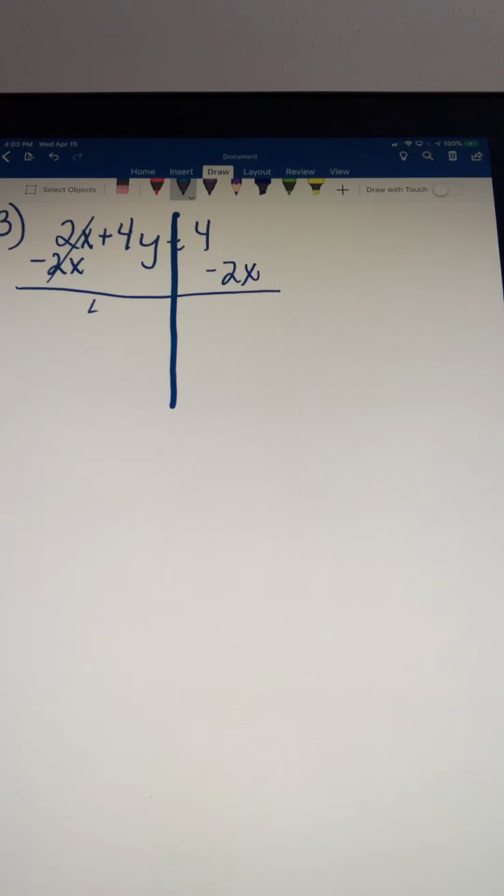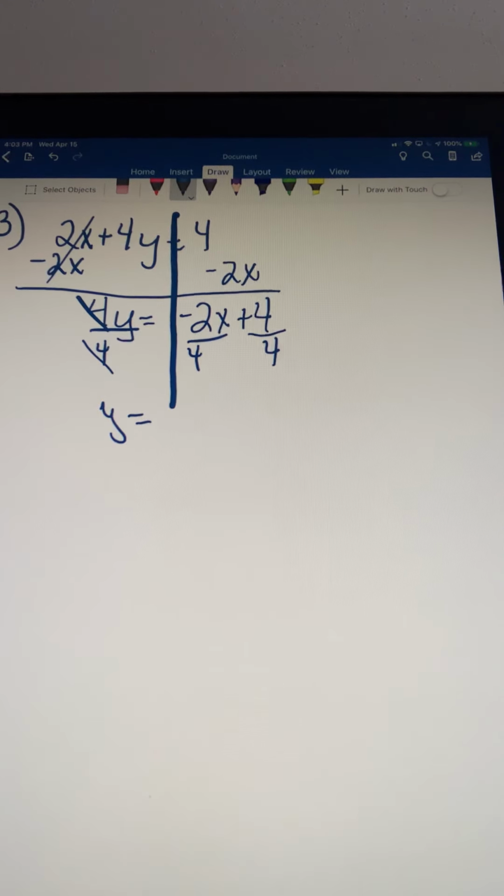I get 4y equals negative 2x plus 4. I'm not finished. I have a 4 with my y, so I must divide everything by 4. So 4 divided by 4 is positive 1y equals negative 2 over 4, which does not give you a negative 2.